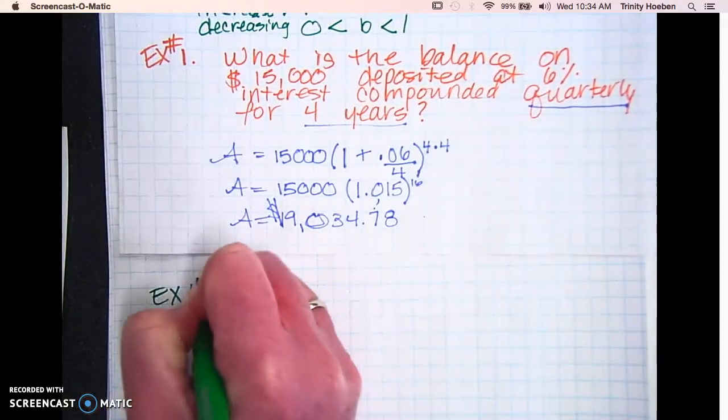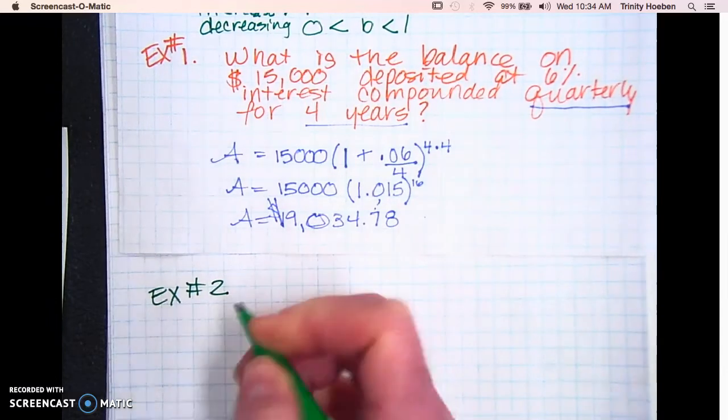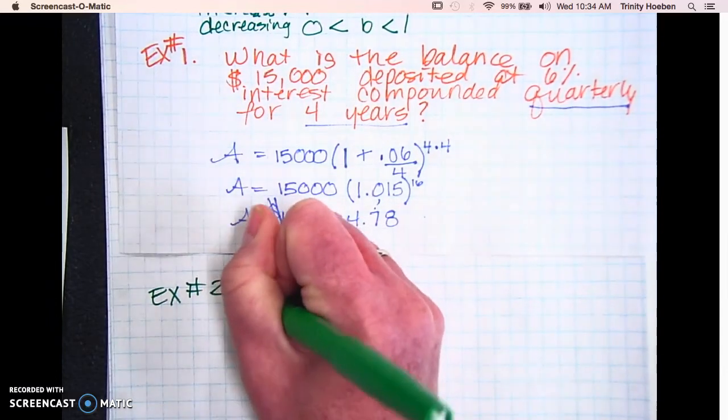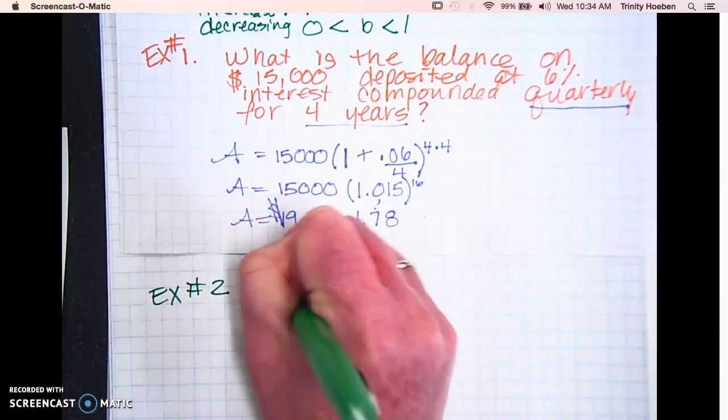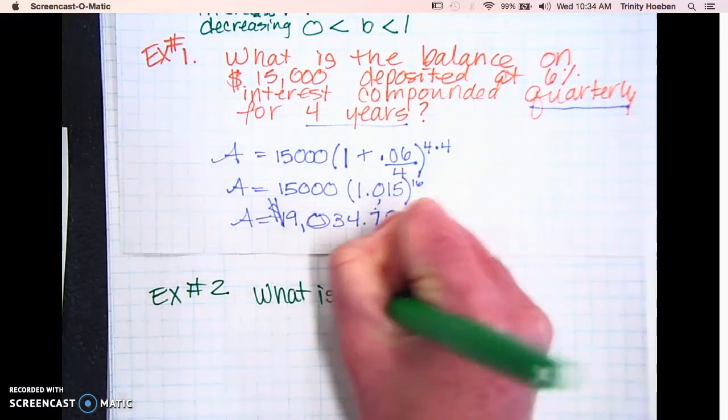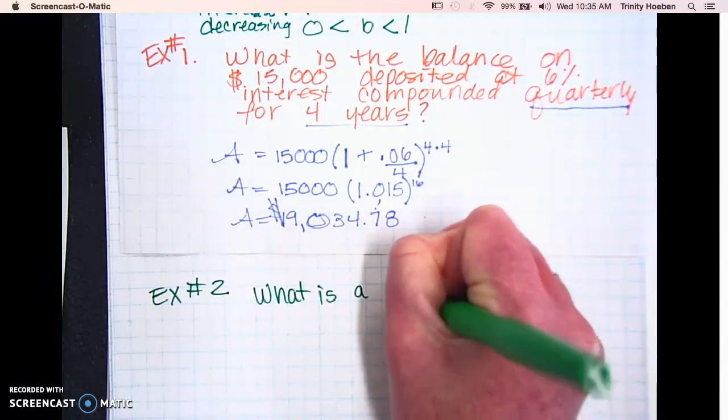Example number 2. We're going to buy a car. This car is a $30,000 car, so it's not a Corvette.